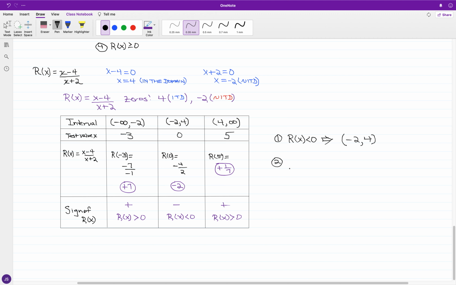Now where we have x minus 4 over x plus 2 less than or equal to 0, you're still in the same direction as less than 0, so you're somehow involving negative 2 and 4. Now 4 is in the domain, negative 2 is not. So negative 2 is going to stay in the parentheses, whereas 4, since that officially sets the rational expression equal to 0, is now going to be in the bracket.